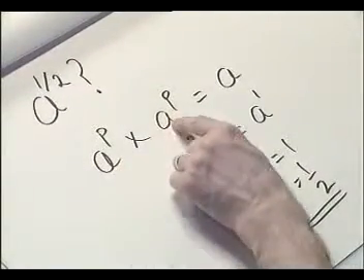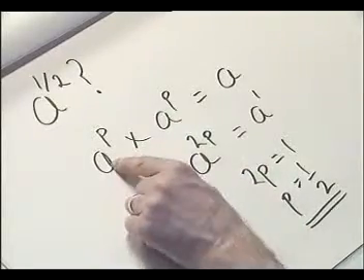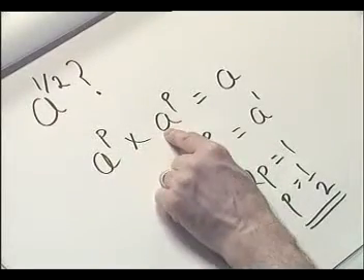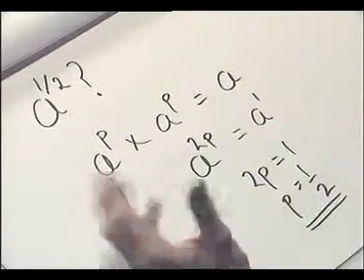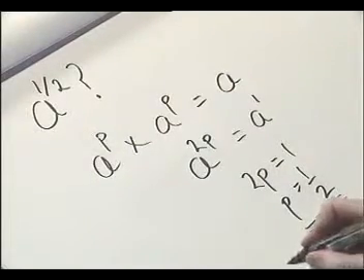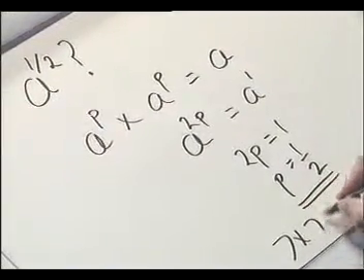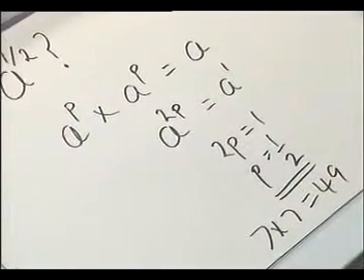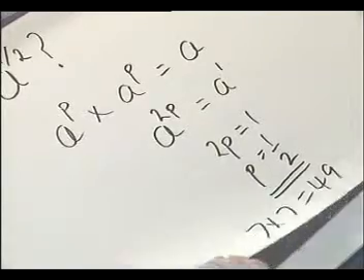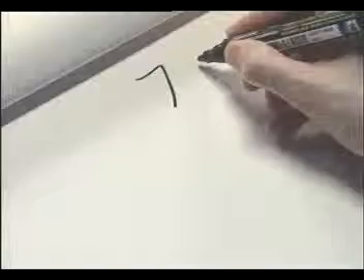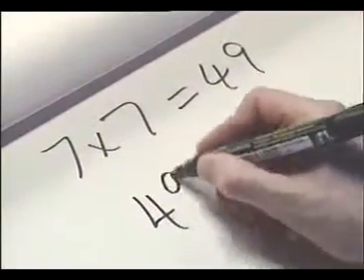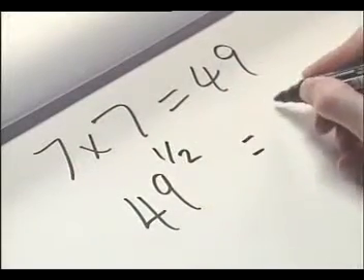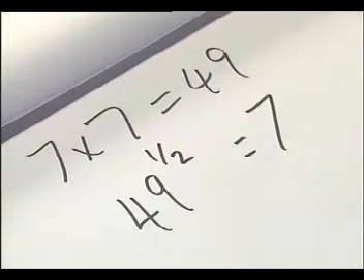Well, do we have some sort of interpretation for this? 2 numbers, identical, that multiply together to give a. Well, that's the square root, isn't it? It's like 7 times 7 equals 49. So what we've got then is 49 to the half is equal to 7.